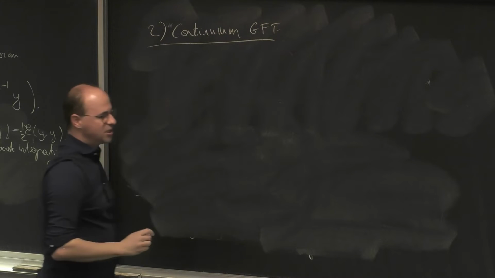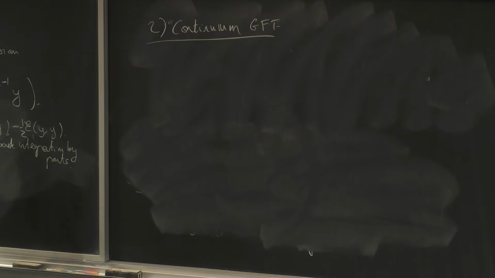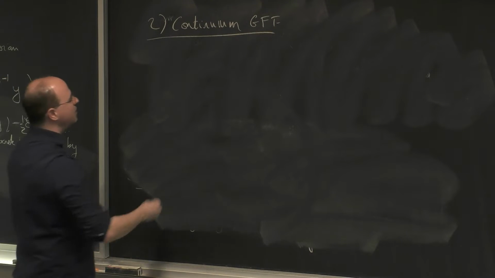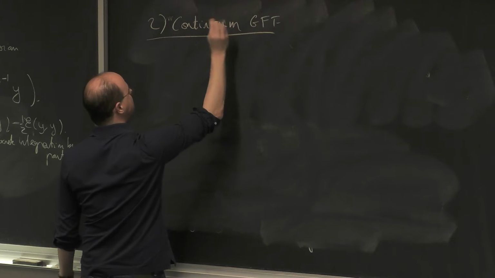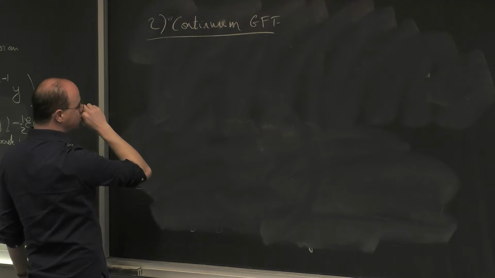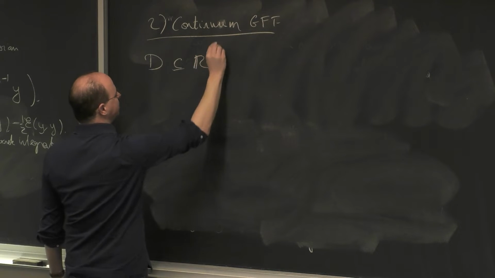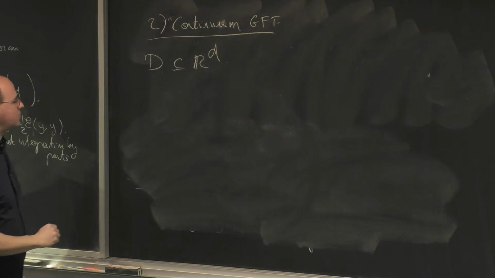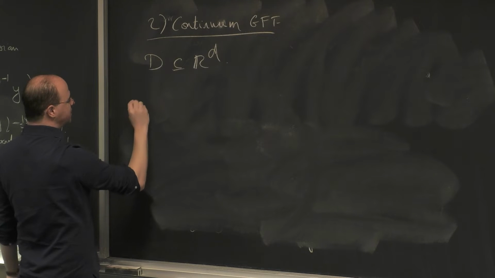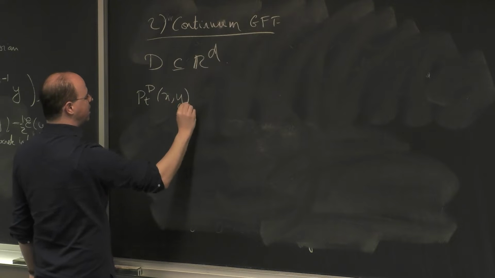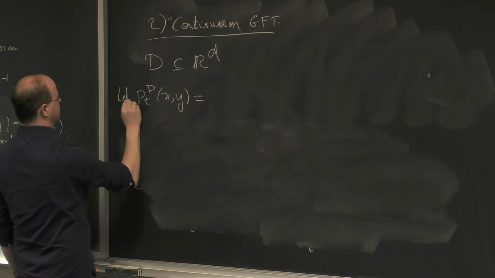So essentially, I want to mimic this definition in the continuum, but I'll have to be very careful. First of all, what is the Green function in the continuum? So let's take a domain D of R^d, and there is something called p_t^D(x,y).